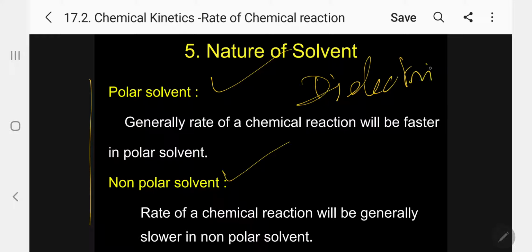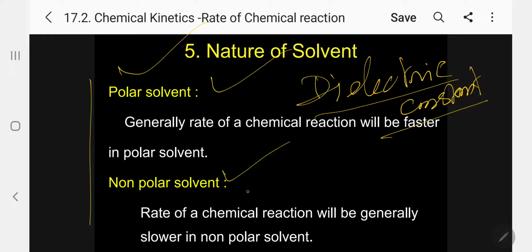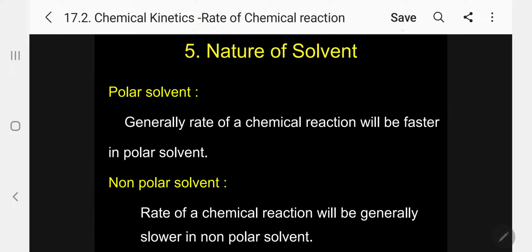By measuring the dielectric constant, we can decide. A solvent having a high dielectric constant will be polar, and a low dielectric constant will be non-polar. Or simply by seeing the structure, if any polarizable functional group like OH or CHO is present, that will be a polar solvent. So water is a polar solvent.